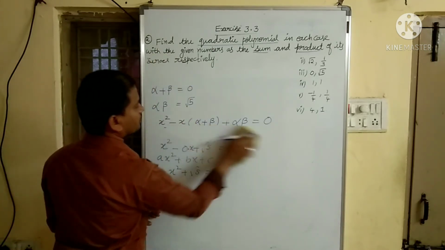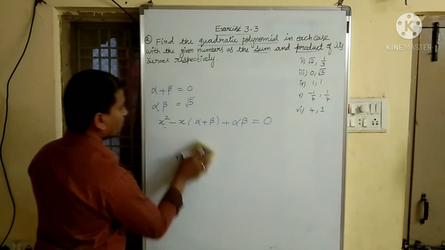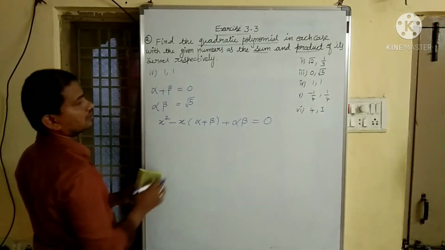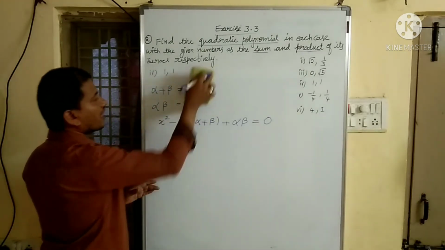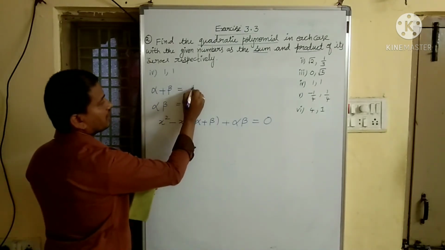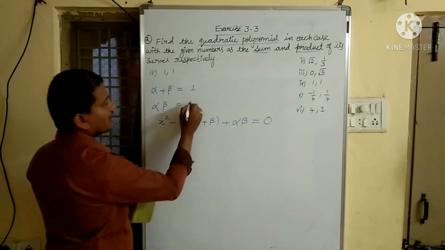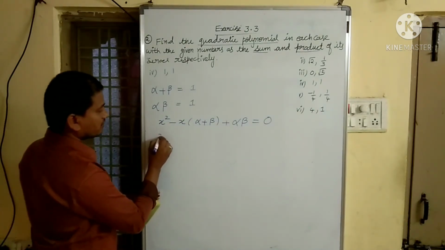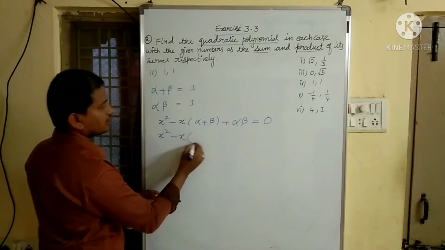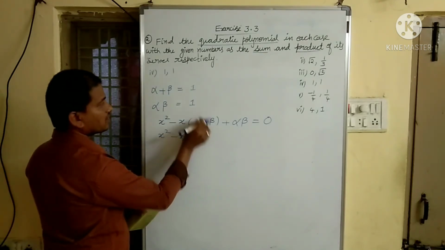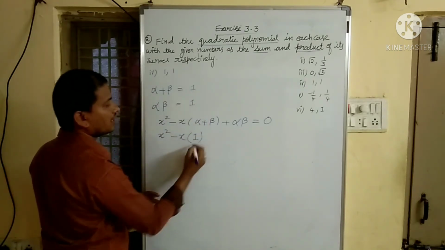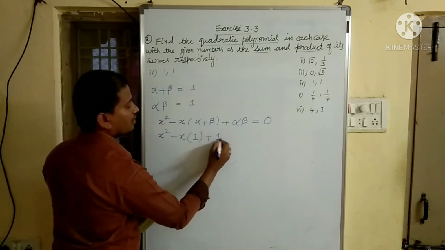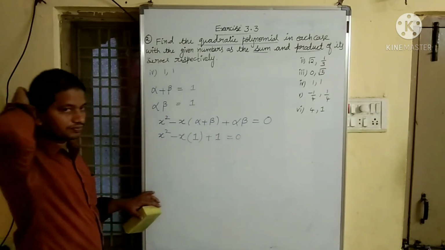Now coming to the fourth question, whose sum and product is given. Fourth question is 1 comma 1. I mean sum equal to 1, alpha plus beta value 1, as well as alpha beta value also 1 only. x square minus x into alpha plus beta value, how much? 1, plus alpha beta value, how much? 1, equal to 0.